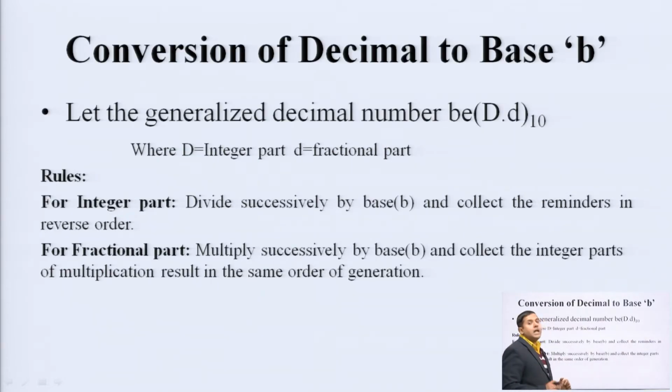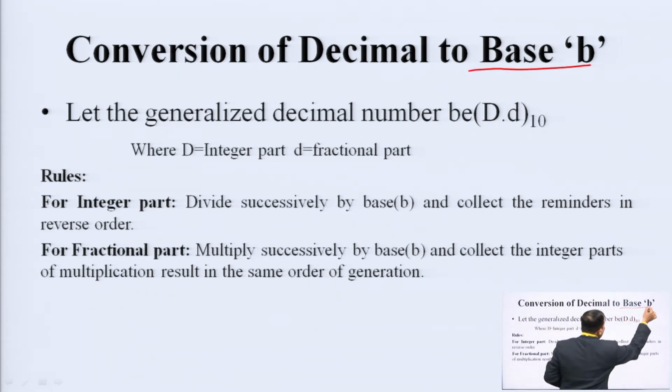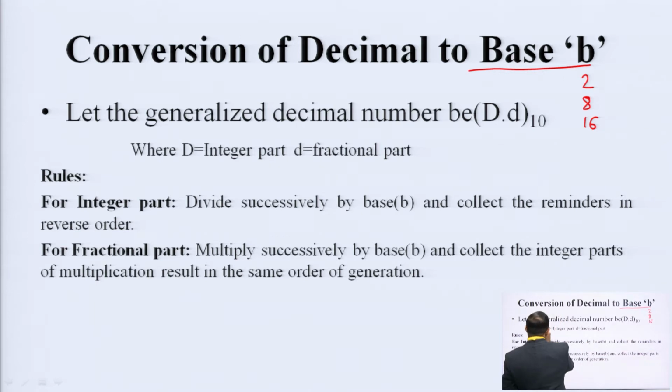Next topic is conversion. First of all we will learn how to convert decimal number system to another number system. So, here I have written base B. So, base B can be either binary, octal or hexadecimal. Okay. So, here I will give a general formula for how to convert from decimal number system to other number system.